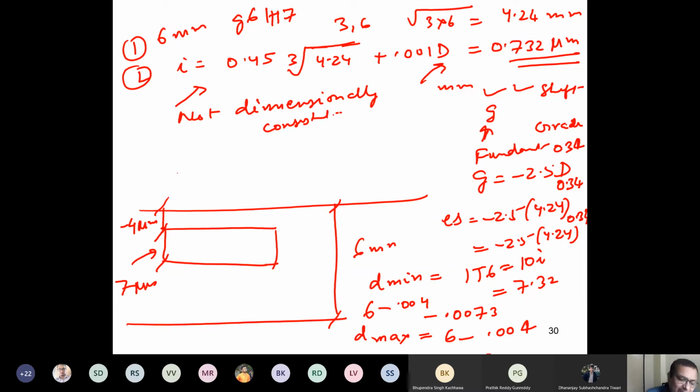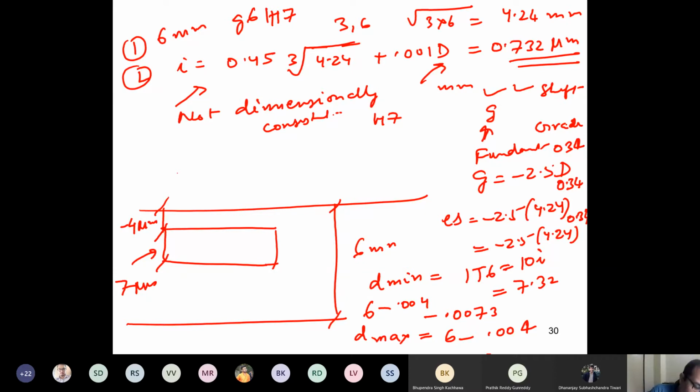Now, how do we find H7? What is H? You remember? I've been telling you, H is what? Where will the capital H hole lie? Anybody? FD is fundamental deviation, which for a hole is capital EI.